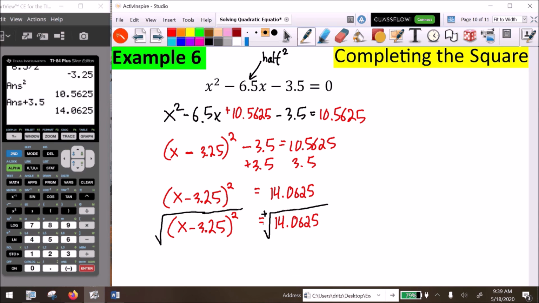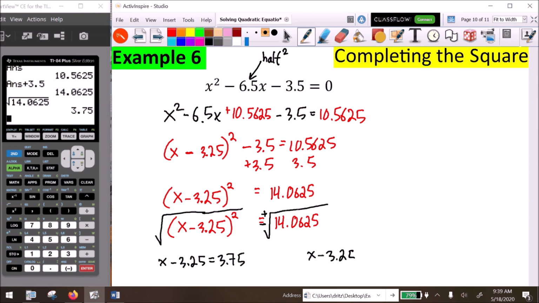And the square roots of 14.0625 are the positive answer and the negative answer. Let's see. 3.75 and negative 3.75. So x minus 3.25 is equal to 3.75, and x minus 3.25 is equal to negative 3.75.